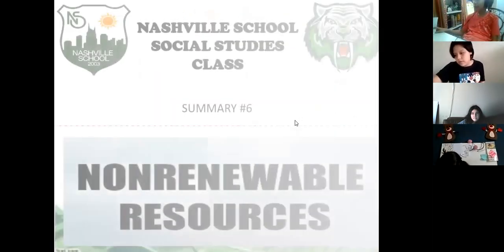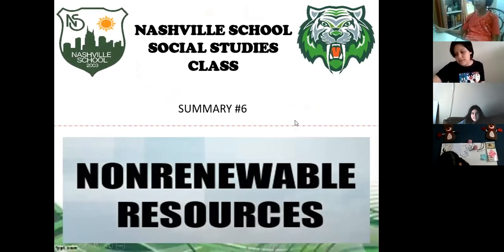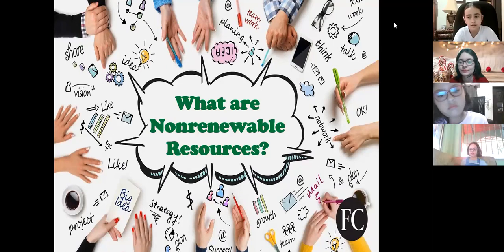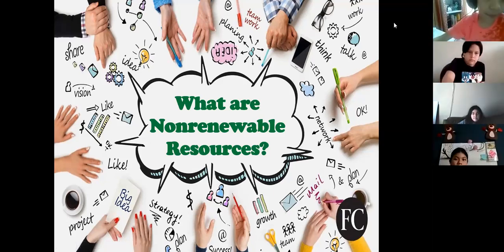And we have also non-renewable resources, a review of non-renewable resources. So you already know what renewable resources are. Now, what are non-renewable resources? It is the contrary. Can you tell me what non-renewable resources are? Joshua?